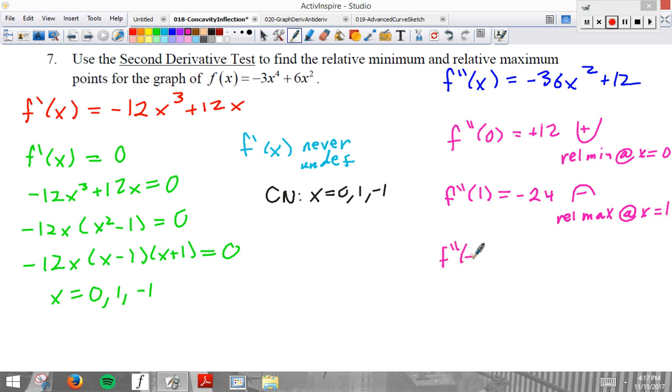Finally, f double prime of negative 1 also gives us negative 24, which is still a negative number, so we will have also a relative max at x equals negative 1.